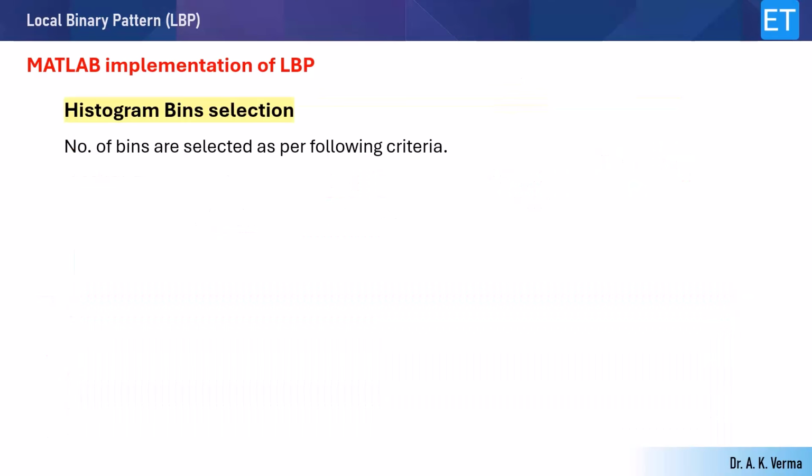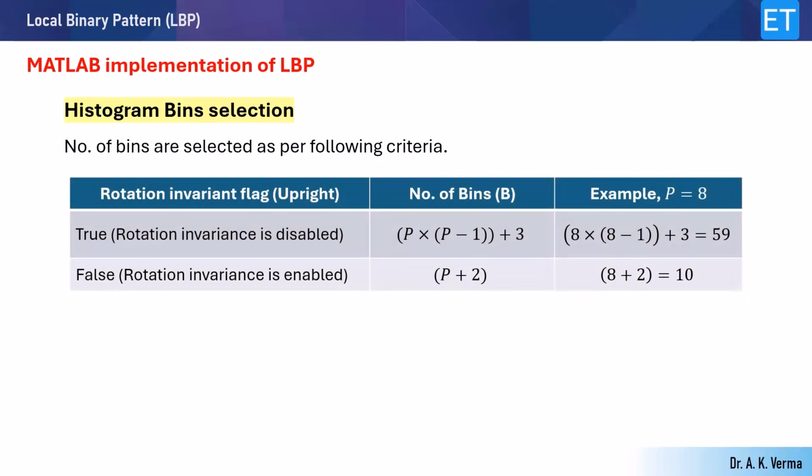Okay. Now let's come to the number of bin selection. What is the criterion? That is based on the rotation invariant flag upright. By default it is true, so it means rotation invariance is disabled, it is not considered. If this is the condition, then the number of bins is calculated by the relation p into p minus 1 plus 3.